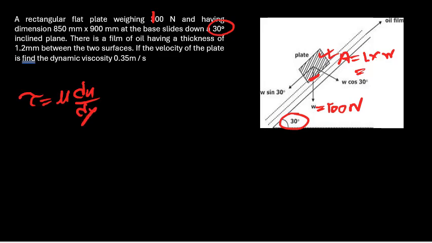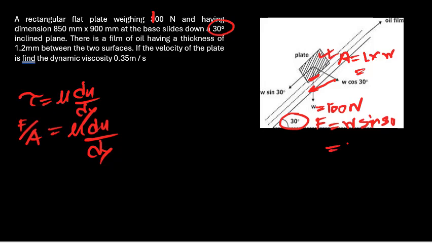Here stress equals F by A, and F is given as 100. Actually, this is not a real condition, but F is the force acting along this direction. So F equals weight times sine 30 degrees, then 100 sine 30 degrees equals 50 Newton. Then F is 50 divided by area.